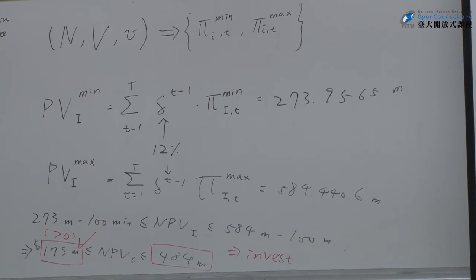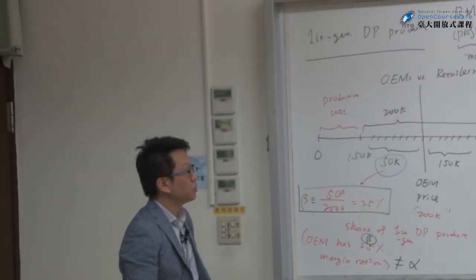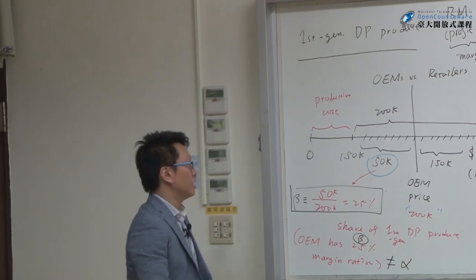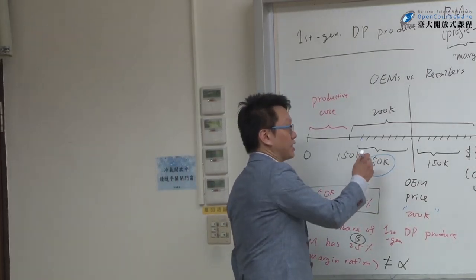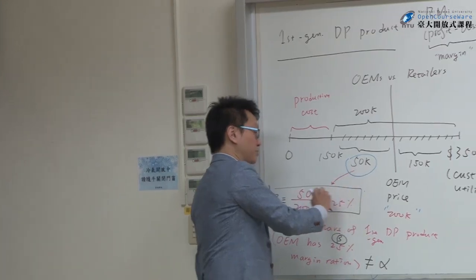However, I haven't said how much the innovator will get in this range. So we start to work on the licensing fee. If you were an innovator and you want to sell this component to OEMs, you definitely want to get some value from the OEM's margin.